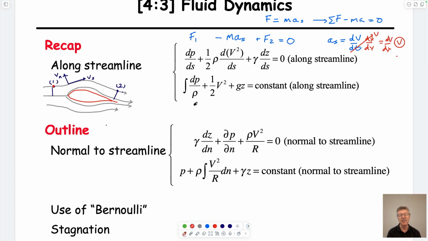I prefer to write this as P over gamma plus v squared over 2g plus z equals constant.